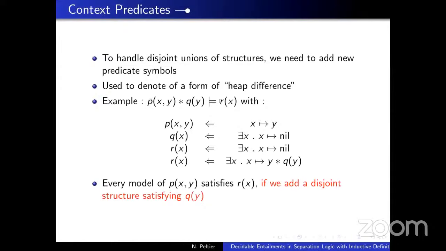For instance, if we have this entailment here, then we have to check that this entailment is valid. We have to remark that every model of this atom here actually also satisfies R of X if we add a disjoint structure that satisfies Q here.